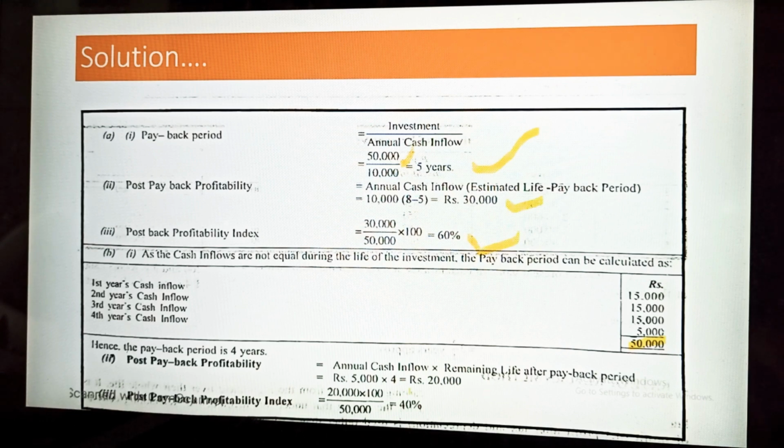So this is the post payback profitability. Next, the post payback profitability index is equal to 20,000 multiplied by 100. The same way, you do 20,000 divided by 50,000, the investment, multiplied by 100. You will find that 40% is your post payback profitability index.